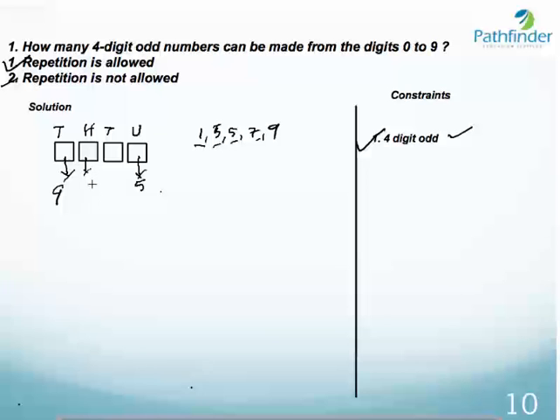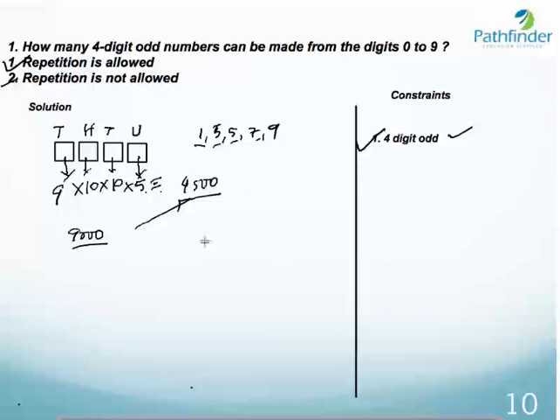Once again, because repetition is allowed, for the hundreds and the tens place you have all the available digits, each and every one of the 10 digits. So if you multiply 9, 10, 10 and 5, you will get 4500. So with repetition, the number of odd numbers is equal to 4500.